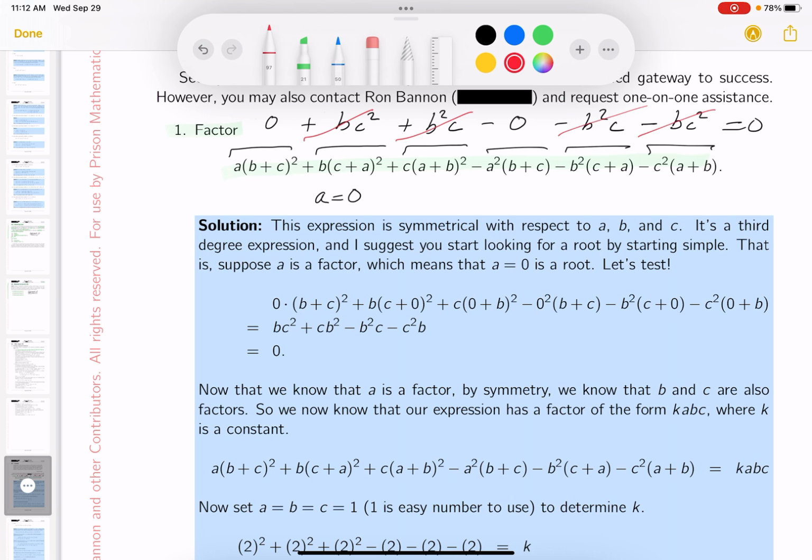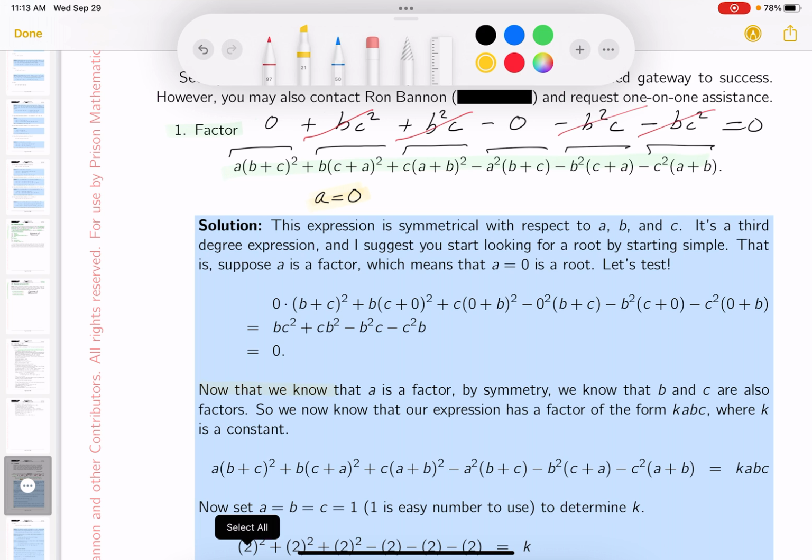So it's nice to know that. And again, reading is going to be a really important thing for you to know. So let me repeat this over here. Once we show, and it's symmetric, that this is a root, we now know that b and c are also roots. What does it mean? B equals 0, c equals 0 will also produce a 0 in the problem.